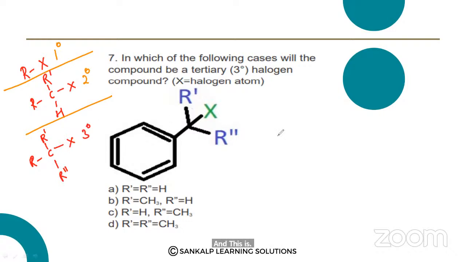So in which case will it be a tertiary halogen compound? What should R dash be, H or CH3? One will be CH3, one will be H. How?